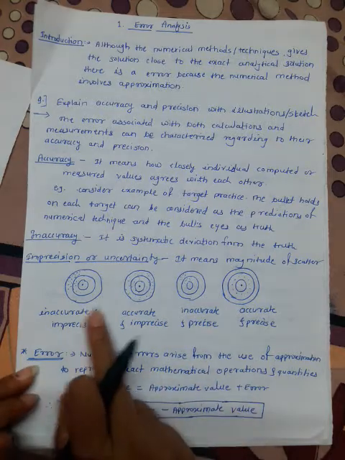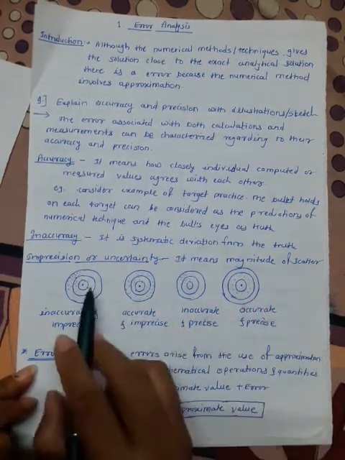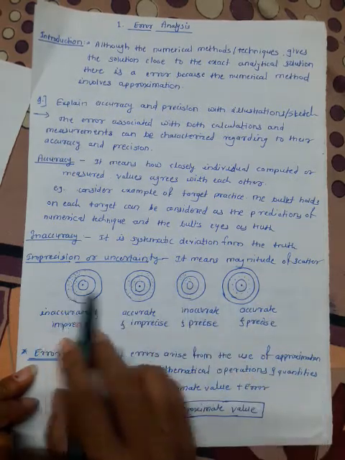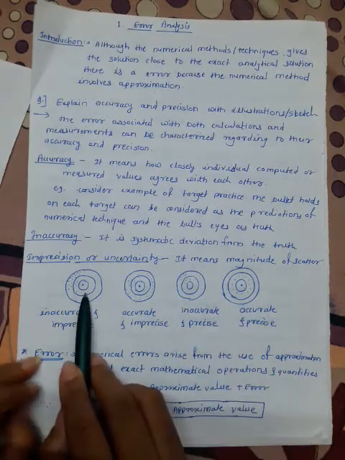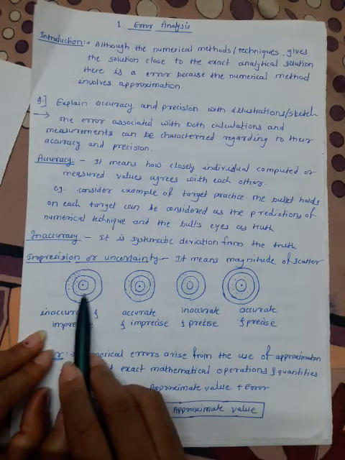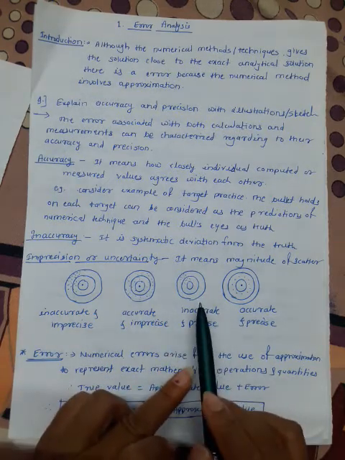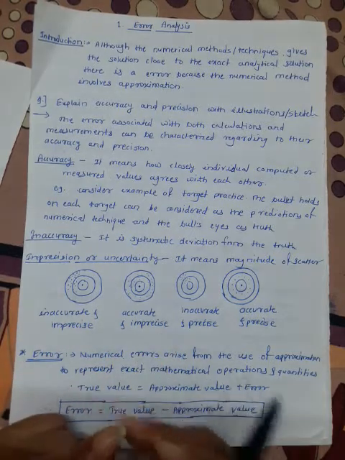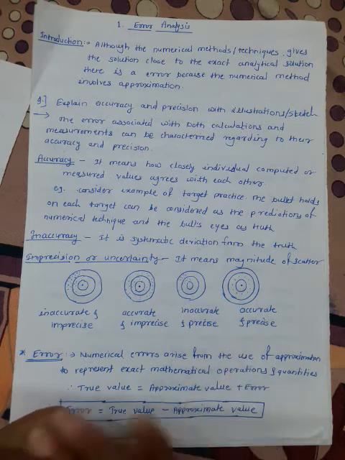For example, suppose these are four targets. This is the bullseye, meaning the center of the target, and these are the hits of the bullets. How accurate the hitting of the target is, is nothing but the accuracy, and we have to consider the precision also.